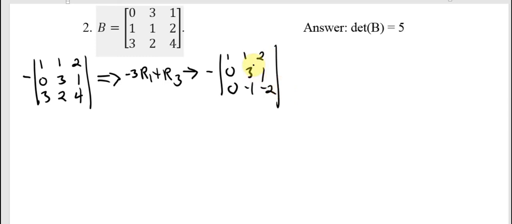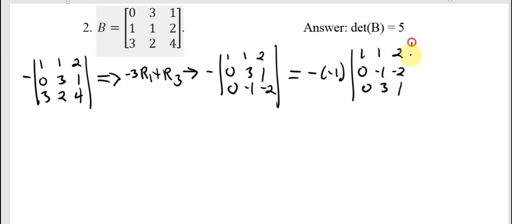So now I want to try to make this upper triangular, so I'm going to interchange rows 2 and 3. To do that, this is going to be negative times a negative 1. So it's just positive. And what I want to do is to use that negative 1 to get a 0 where that 3 is.